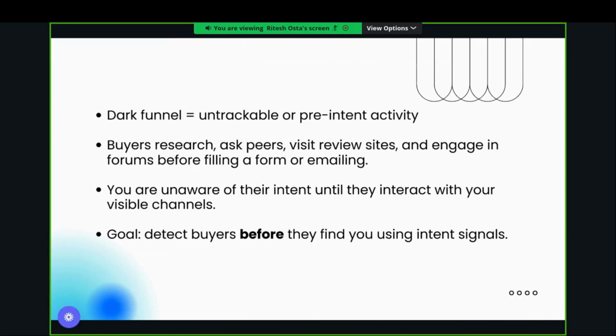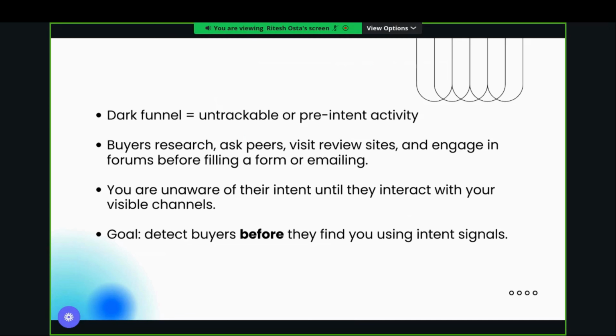So the funnel doesn't actually start from a prospect visiting your ad, your landing page, your website, or giving you a call. That is not where the real journey of your prospect starts. It starts way beyond that, right?